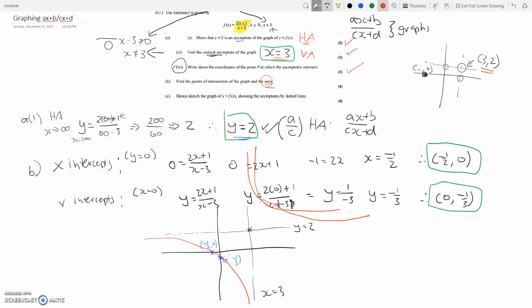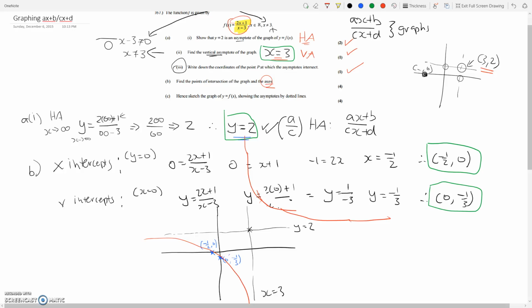Let me rub that out. That's much better. That would be your graph of y equals 2x plus 1 over x minus 3.